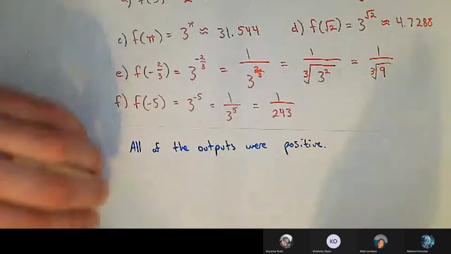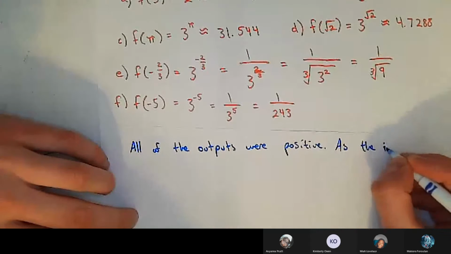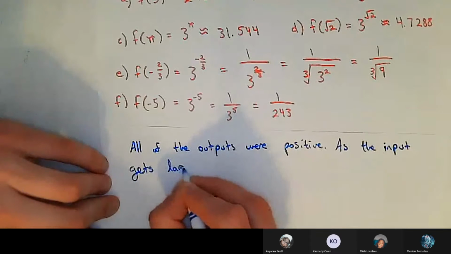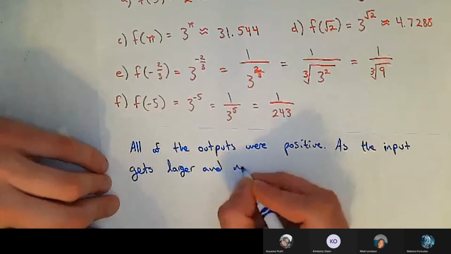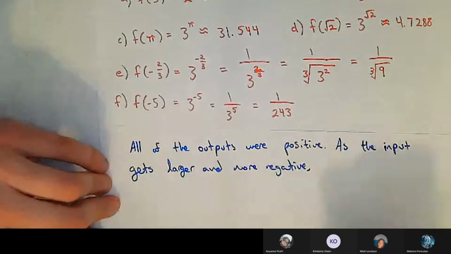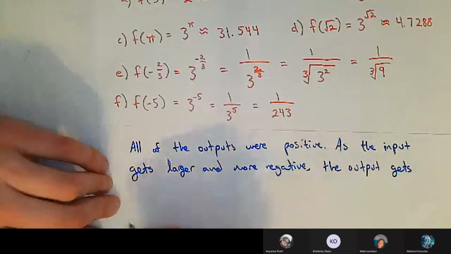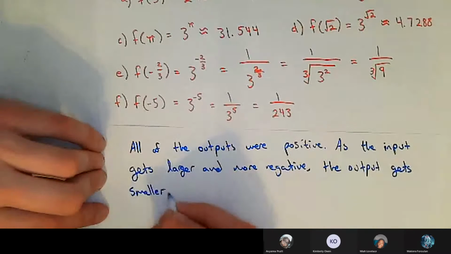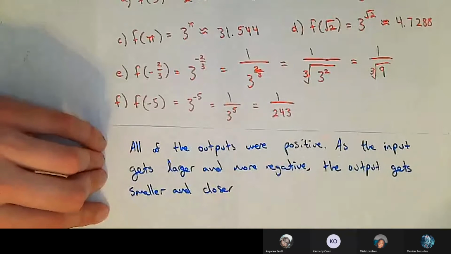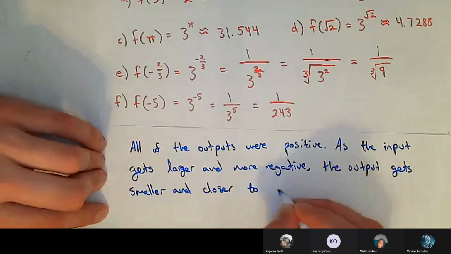So it seems like as the input gets larger and more negative, the output gets smaller and closer to 0, right? Like this fraction keeps getting chopped down over and over again, but it's just getting closer to 0.